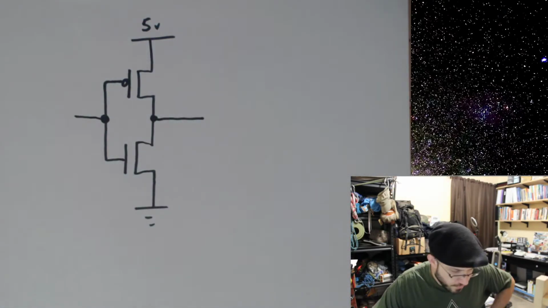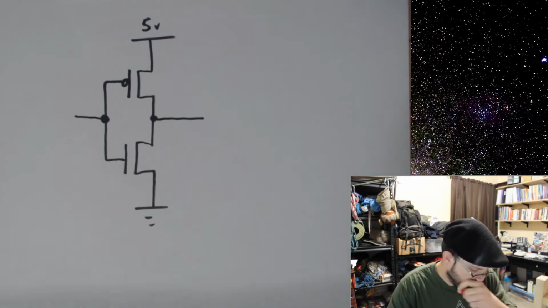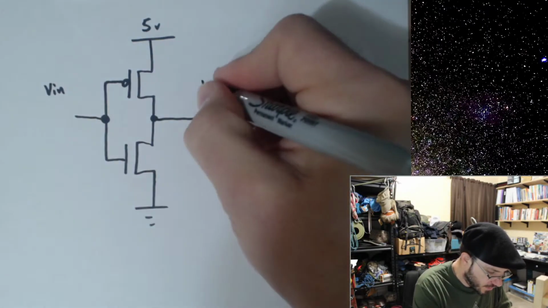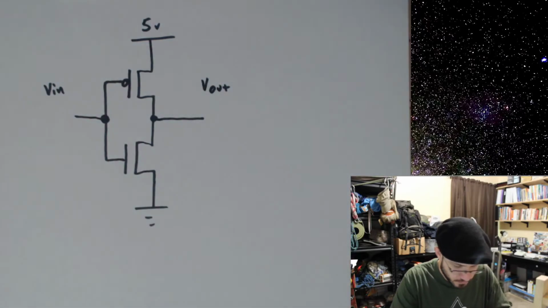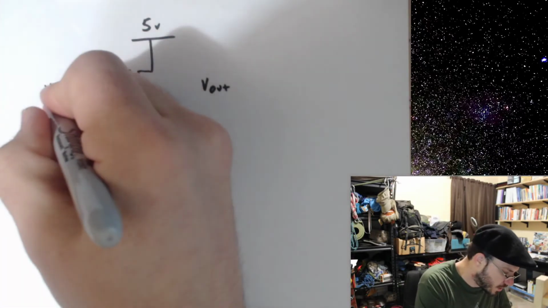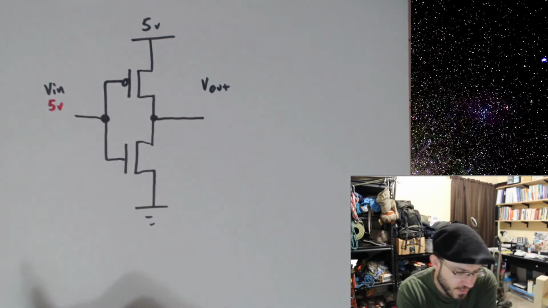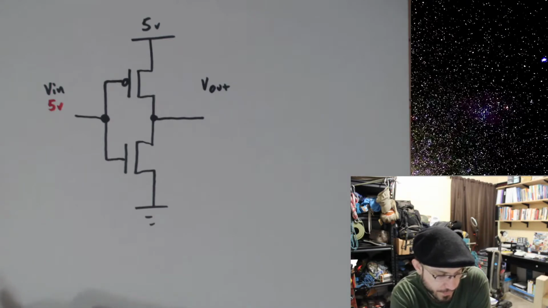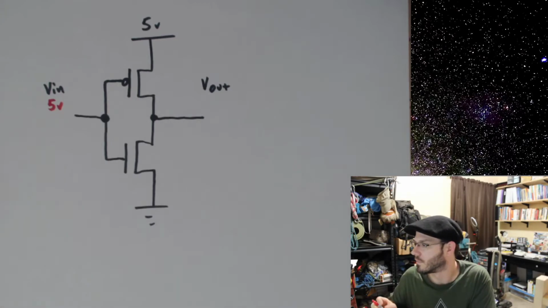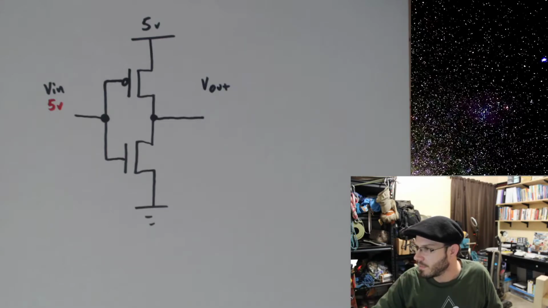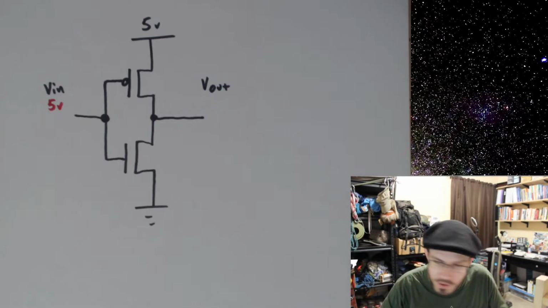All right, I'm going to do the first in red. And we can look at this from the perspective of V in and V out. Let's put 5 volts here. 5 volts. Is the top MOSFET open or closed? Top MOSFET, open or closed with 5 volts going into it?